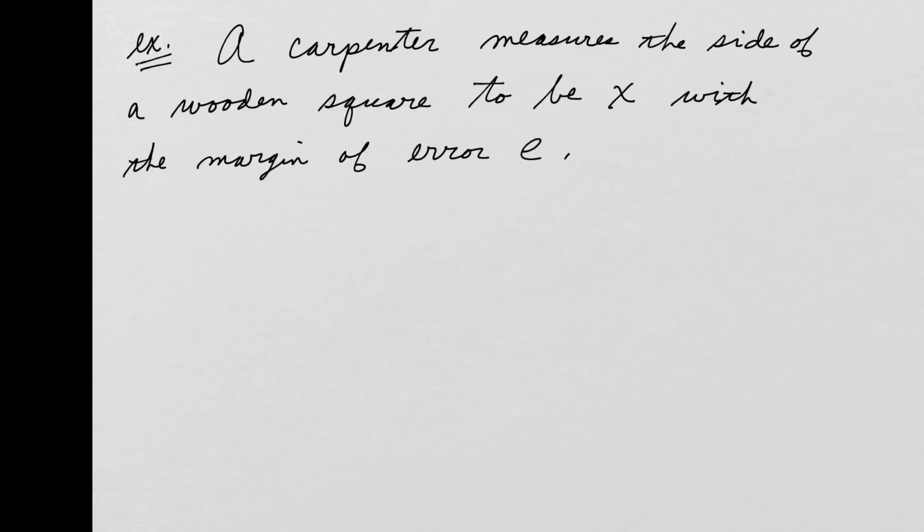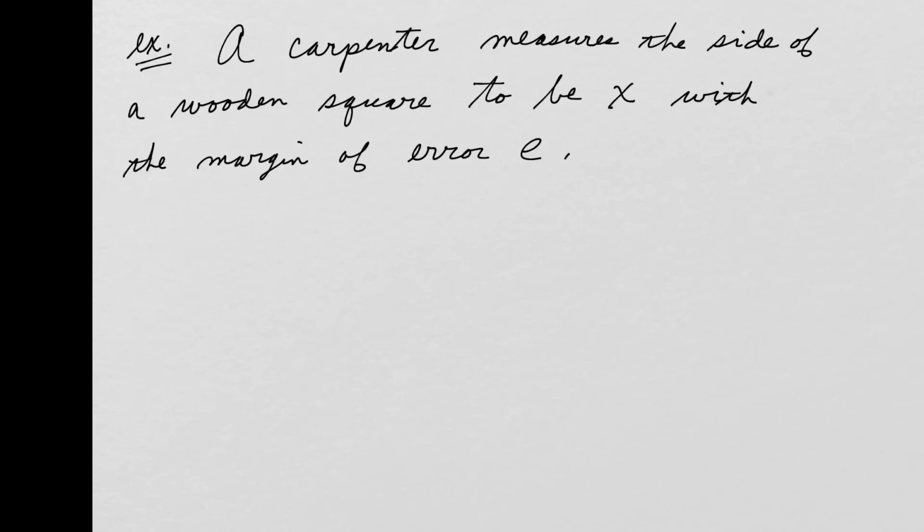And we don't know exactly what those values are, but there's going to be some error with measurement, right? Let's say you measure that wooden square and you find it to be, I don't know, 2.5 inches, but there could be an error, say, within a tenth of an inch, like 0.1 inch. So in this case, x would be 2.5 inches and e would be 0.1 inches, right? It's the possible error that you could have made because you can't read any instrument exactly.